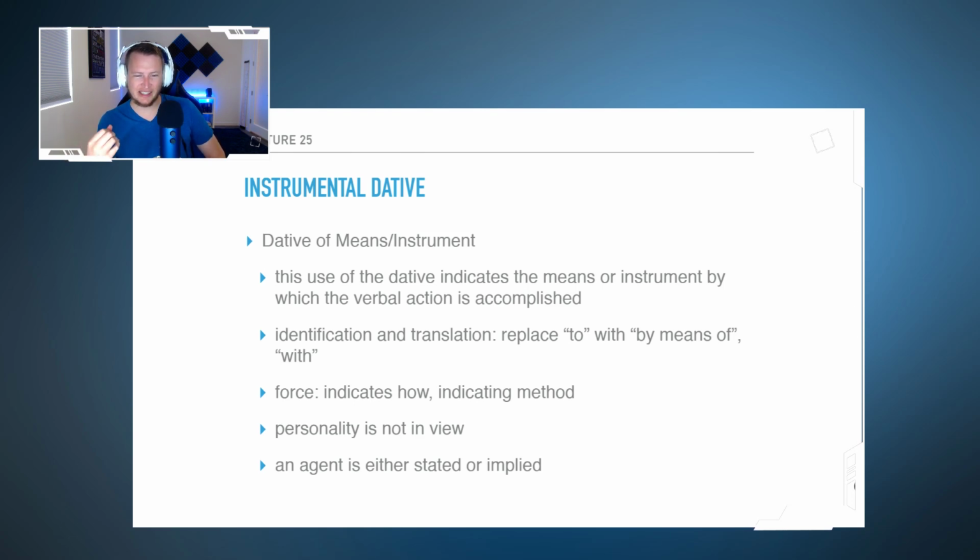And the force is how. What's the method by which the action is done? There's no personality in view here. An agent is either stated or implied. That's going to be critical. An agent is either stated or implied for it to be dative of means or instrument.